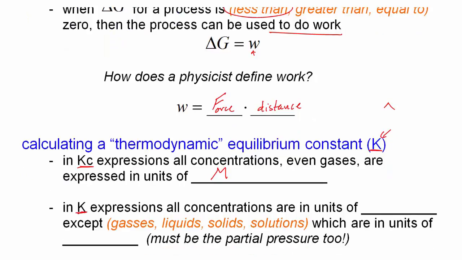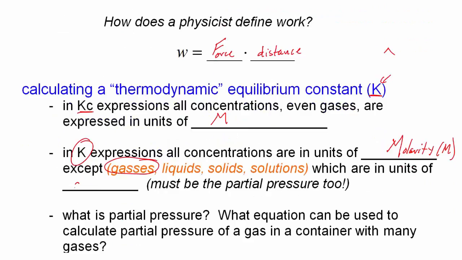Notice there is no little subscript c. All concentrations are in units of molarity, big M, except gases, which are in units of atmospheres.